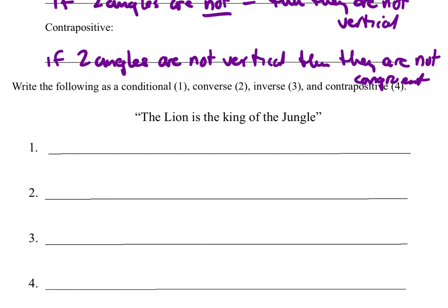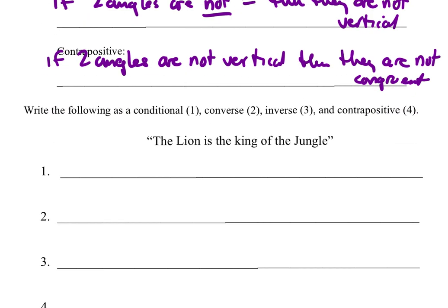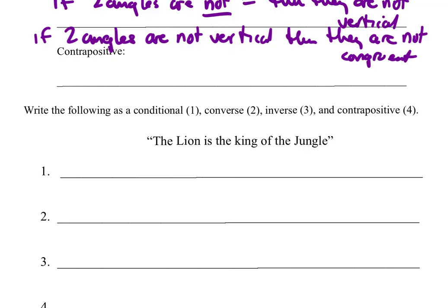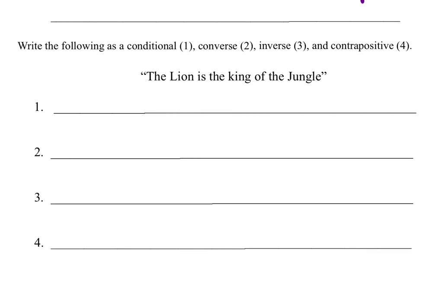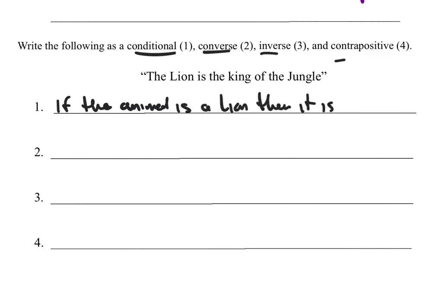Let's consider this. I'm going to take the lion as the king of the jungle, and I'm going to take this all the way through: conditional, converse, inverse, contrapositive. First one: if the animal is a lion, then it is king of the jungle.